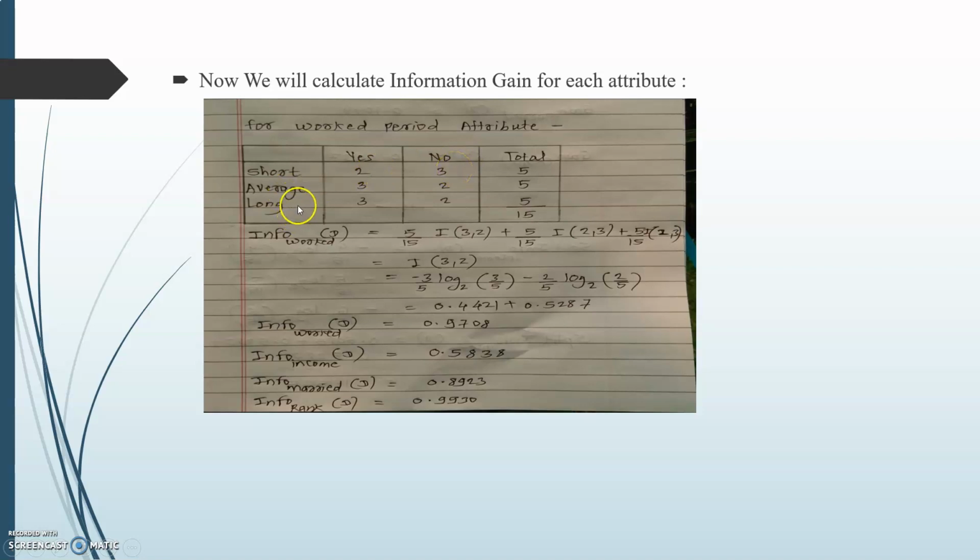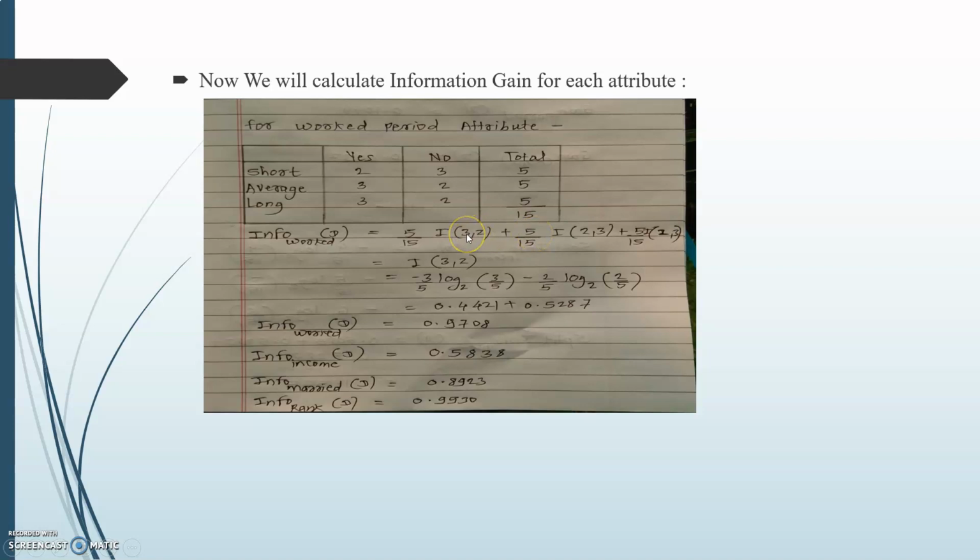Similarly for average and long, so the total is 15 employees. So to calculate the information gain for the work attribute, we calculate 5 by 15 into I of 3, 2. Similarly for the other values also, and we will add those values.